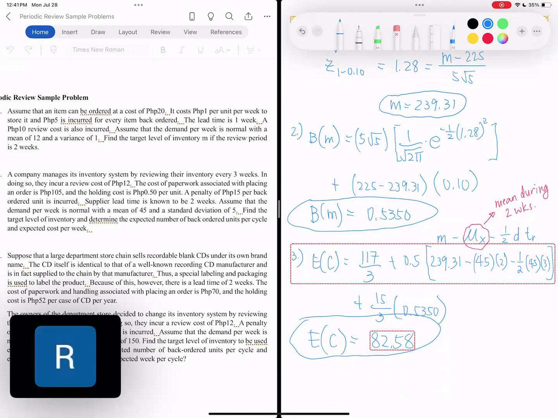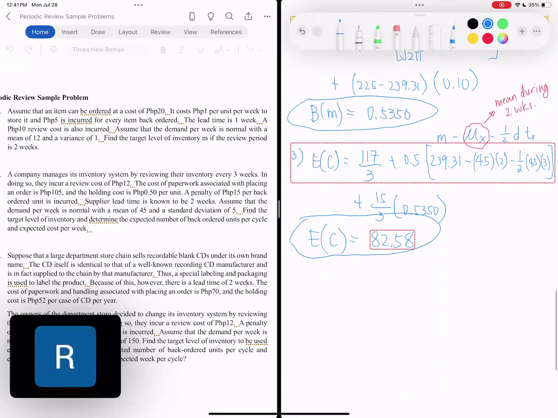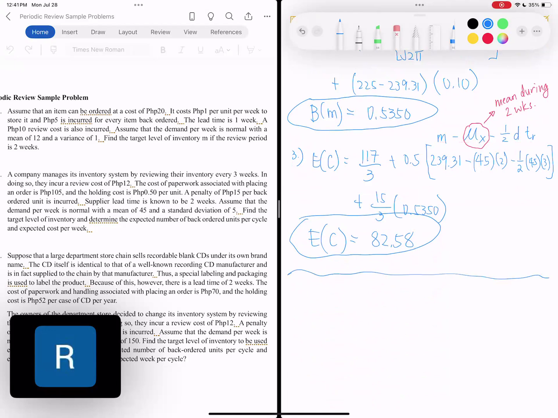Okay, so that's it. For your practice, you do problem number 3. By the way, for problem number 2, if for example I ask you for the expected cost per cycle, not per week, what will be the answer? 12.9, sir.